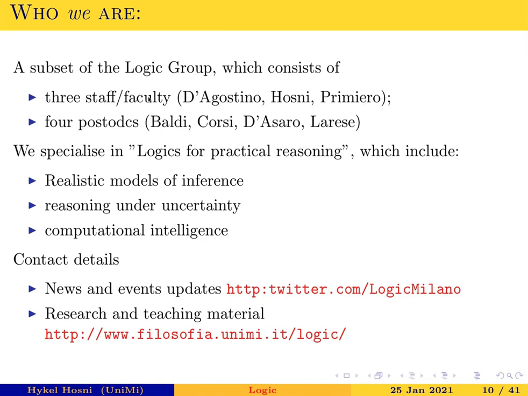The logic group is Marcello D'Agostino, myself, Heike Hosni, and Giuseppe Primiero, who's not here, so let me not highlight his name. And we have 4 postdocs at the moment: Paolo Baldi, who's here, Fabio, who's here as well, and then we have Esther and Costanza, who will be doing this course next year.